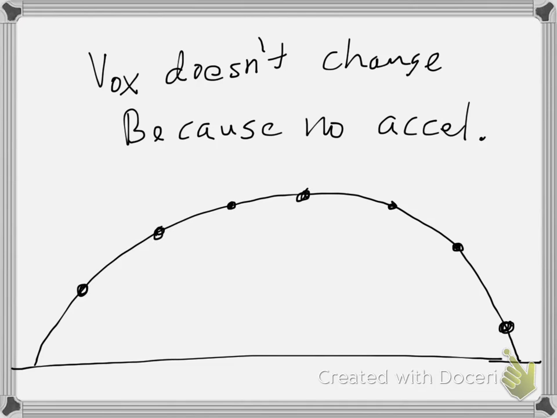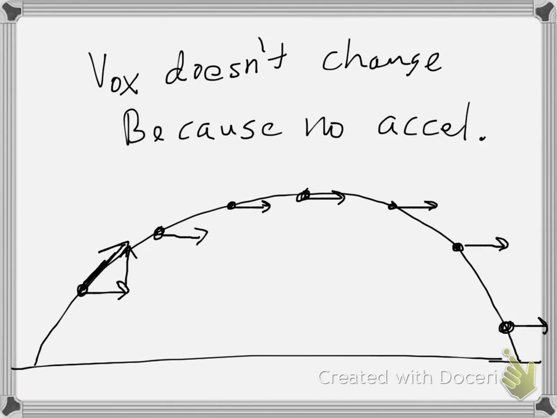So at this point right here, its total velocity is going to be something like this, meaning its x velocity will be right here, and its y velocity will be right here. At each of these points, my x velocity will not change, so the length of these arrows won't change.